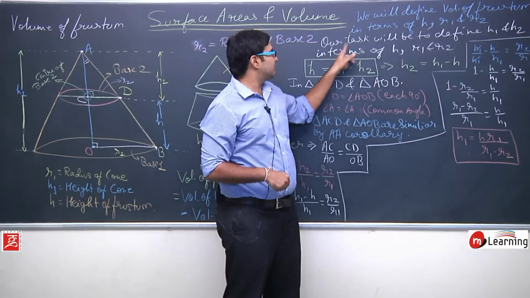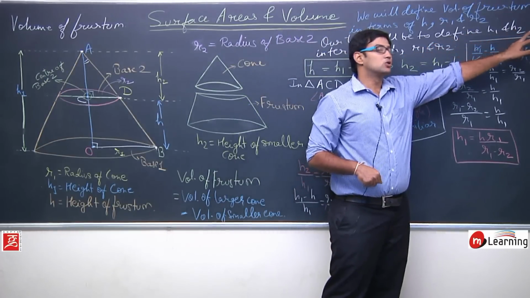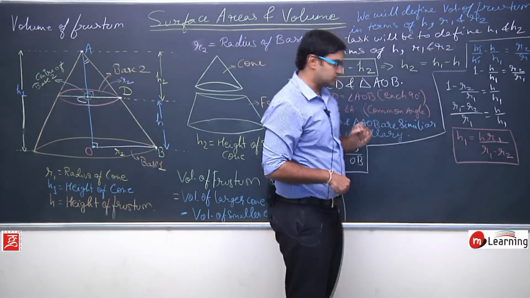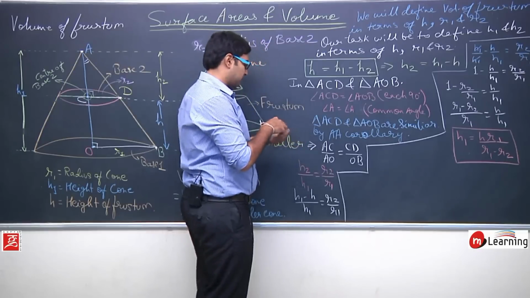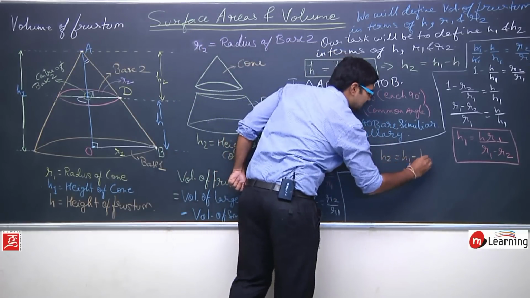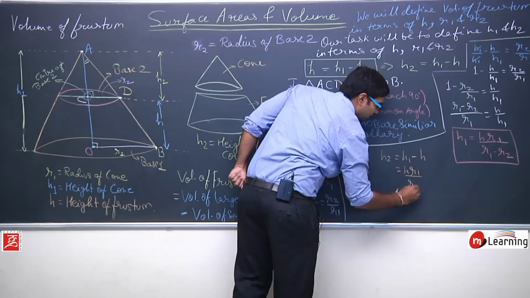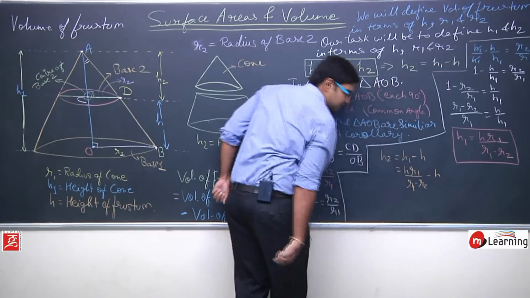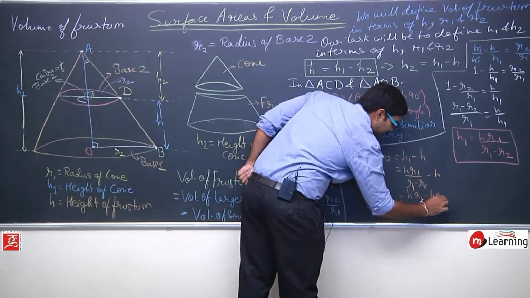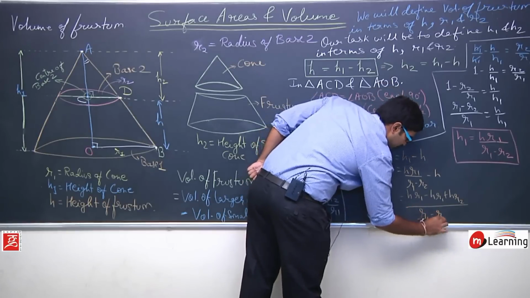Now this is only the value of H1. What is left next is H2. So we need to define H2 in terms of R1, R2 and H. How to define that? We have the condition that H2 is equals to H1 minus H. So in place of H1 I can write H R1 upon R1 minus R2 minus H. When you simplify this, it becomes H R1 minus H R1 plus H R2 upon R1 minus R2.